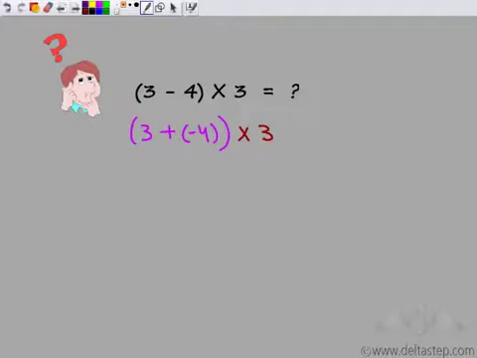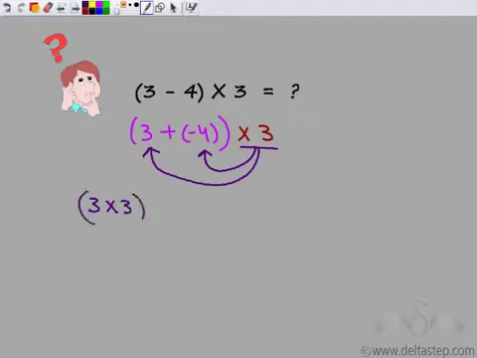Now I know that the multiplication sign distributes over addition. So this will be multiplied by the first term plus this would be multiplied with the second term. So what I'll get is, you'll multiply this with the first term plus you'll multiply again this with the second term. So you'll get 3 into 3 plus 3 into negative 4.